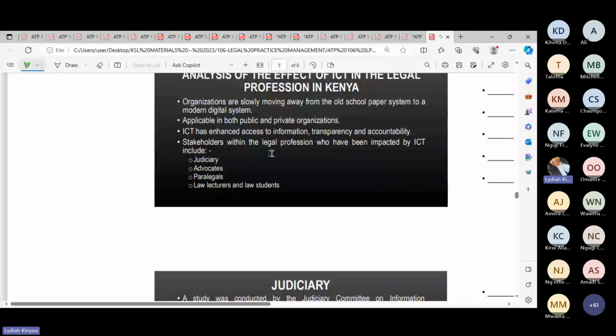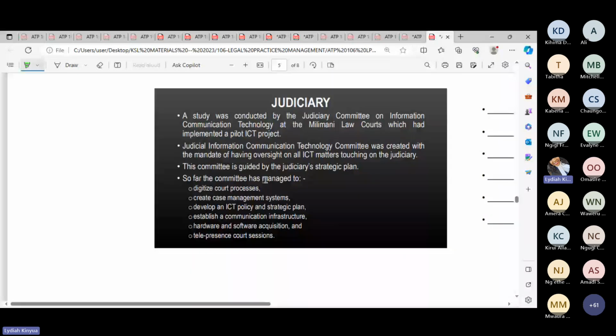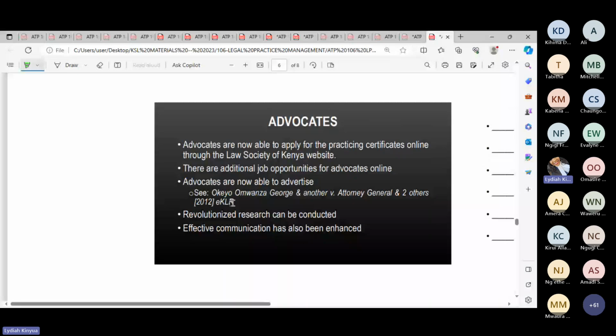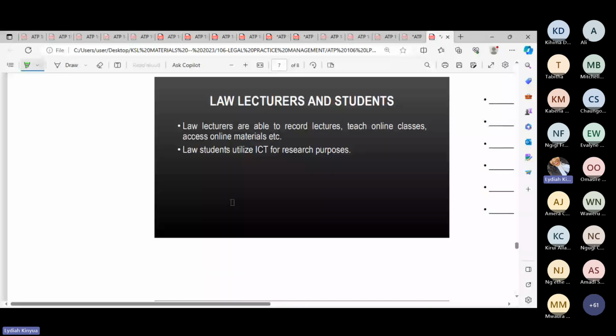For the judiciary, we have e-filing systems. Your documents get assessed online, you get your invoices and receipts online, orders are sent online, advocates can attend court, judges can attend court virtually. You don't need to go to court anymore. No one needs to meet the other person physically.